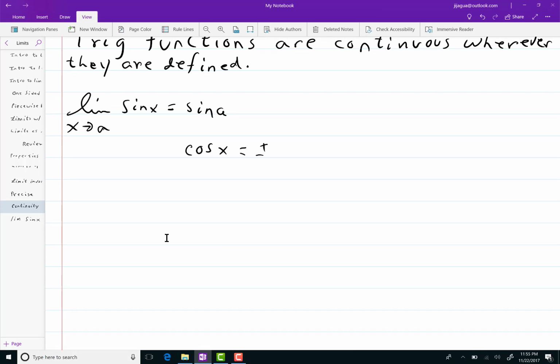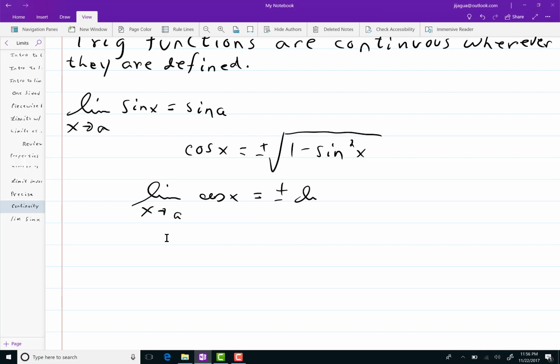Remember, cosine of x can equal plus or minus the square root of 1 minus sine squared of x. Well, if I look at the limit as x goes to a of cosine of x, the plus or minus, it'll be plus. If this is a plus or minus 1, it's not going to be affected by any kind of limiting process.